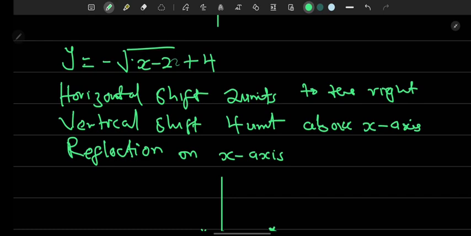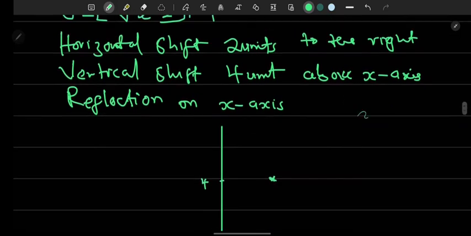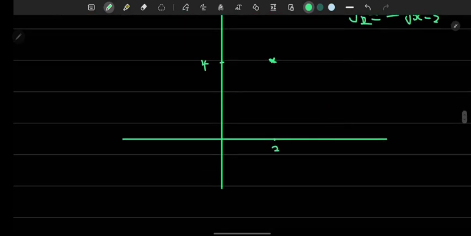So if you want to get that, we need to sketch this one first. I'm talking about this. After that, we apply the vertical shift. So to sketch, let's say y2 equals minus root of (x minus 2), that would be this.